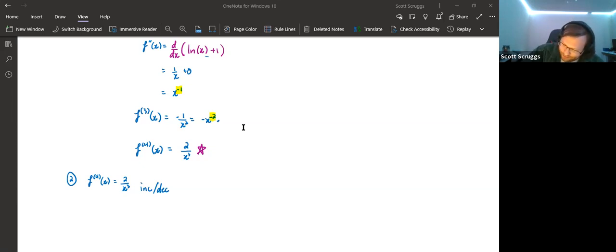I just realized that. But the interval we're working with, let's say it is 1/2 to 3/2. So our next goal is to determine if 2 over x cubed will be an increasing or a decreasing function in the interval 1/2 to 3/2. And so let's figure that out.